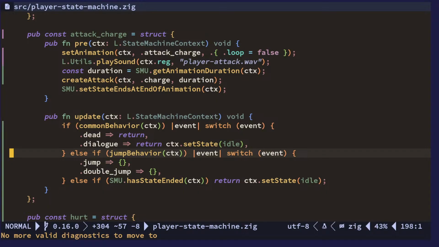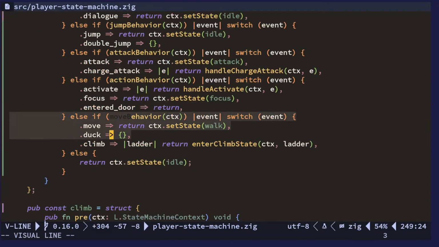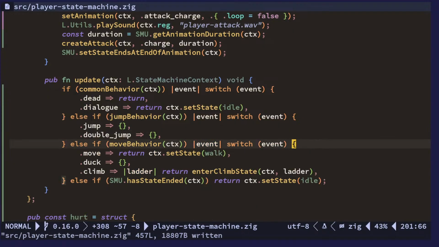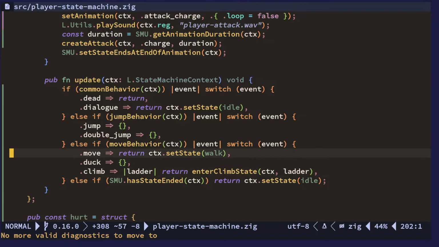Whatever. Let's just do move as well. Okay. And we also cancel the thing. Yeah, but we don't change the state.